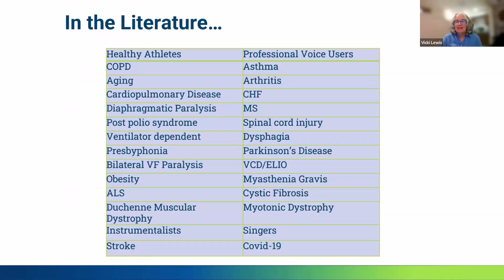Here's a slide, and I always say this slide has a lot of words. If you take a look here, there are different conditions or diseases listed, and these are all issues, if you will, that have been investigated and published in the literature.